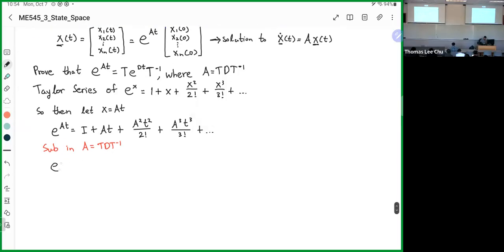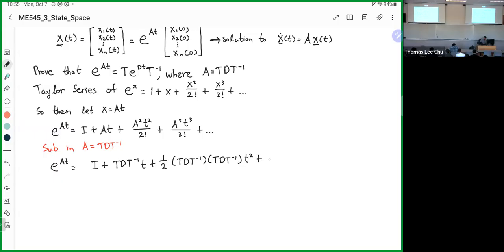So then we get e to the at equal to the identity matrix plus t d t inverse multiplied by t, plus, when we pull out the 2 factorial, which is just 2, 1/2 multiplied by t d t inverse multiplied by t squared.